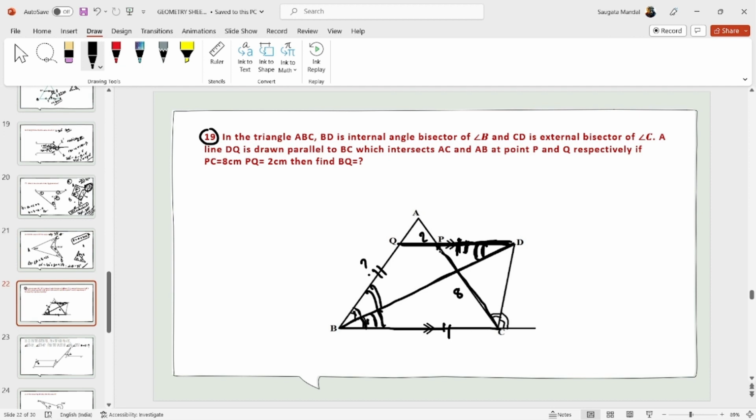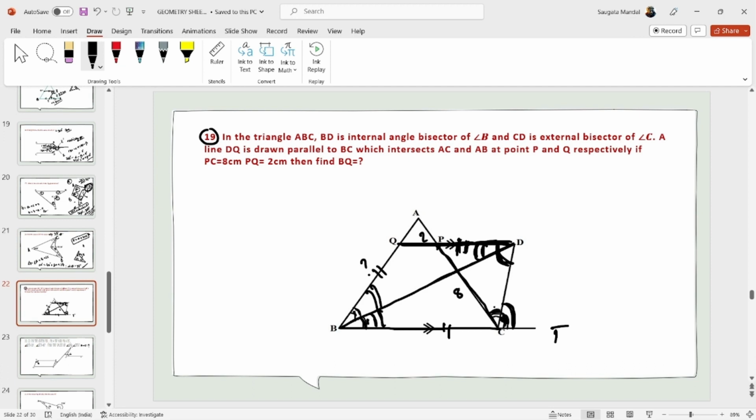PDC, you see PD and BC are parallel to each other and DC is a transversal line. So the angle DCT equals angle QDC, and these angles are bisected, they are equal.